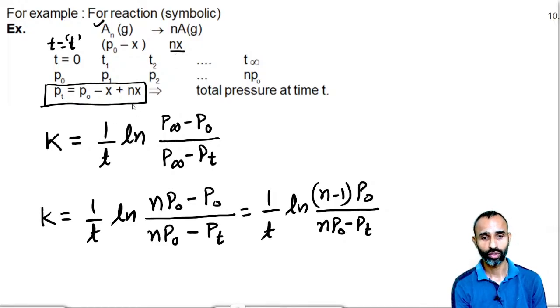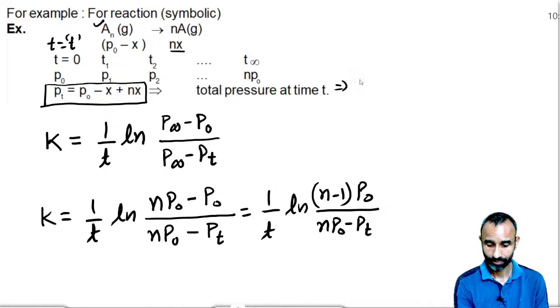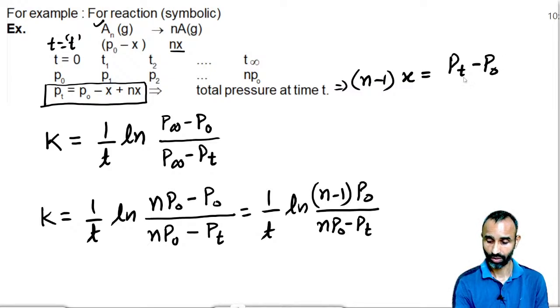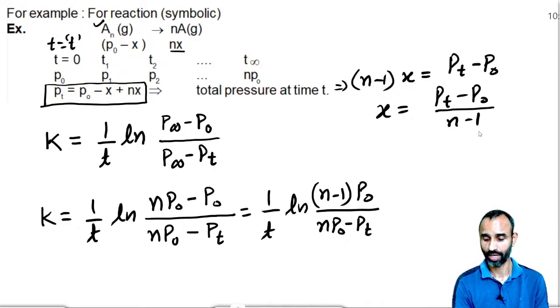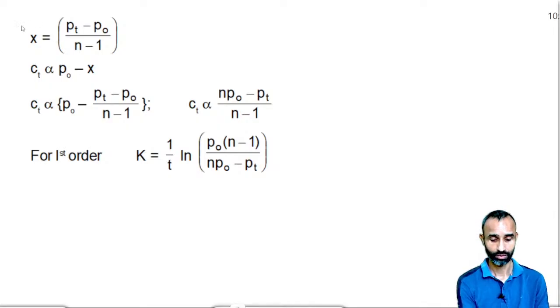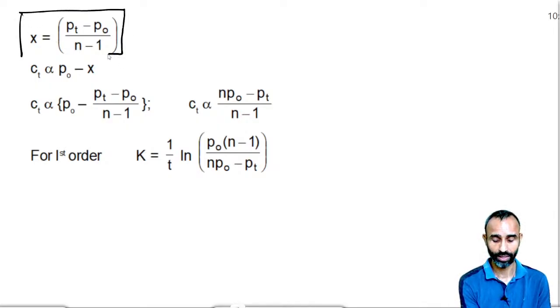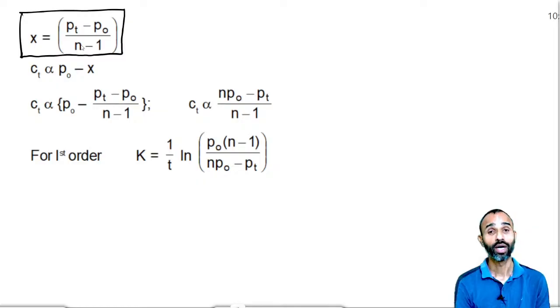So from here, (n minus 1) x equal to Pt minus P naught. x is equal to Pt minus P naught upon n minus 1.